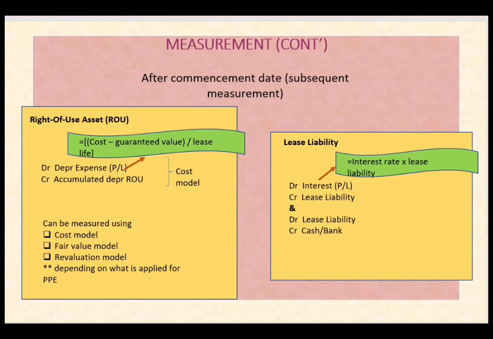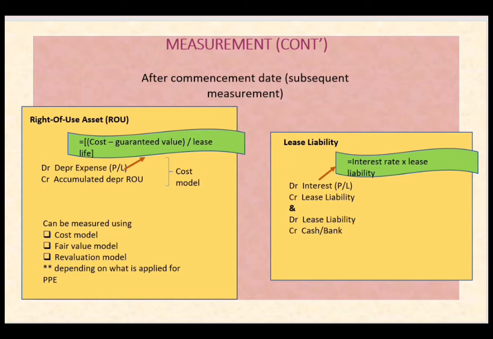So now let's see the measurement for subsequent payment. For right of use asset, we should calculate the depreciation. For this, we can use cost model, fair value model, or revaluation model. It just depends on what is applied for the PPE. Here we used cost model. For the depreciation, the formula is cost minus guaranteed value over lease life.